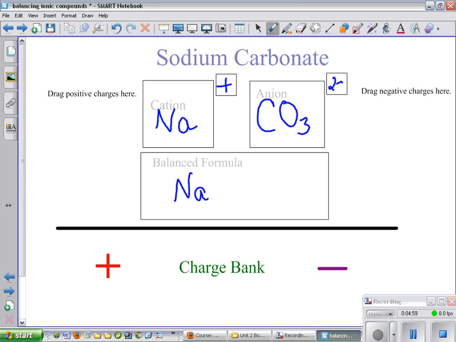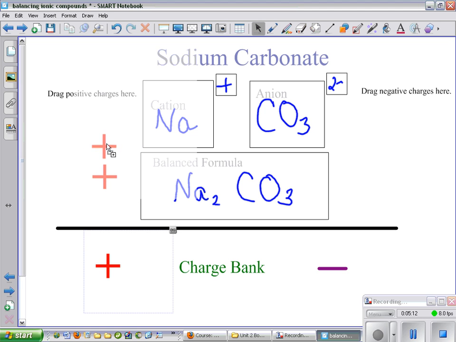So we have Na2CO3. Let's check our charge balance and see if that works. There's 2 sodiums at +1 charge each, and there's 1 CO3, but it has a -2 charge.